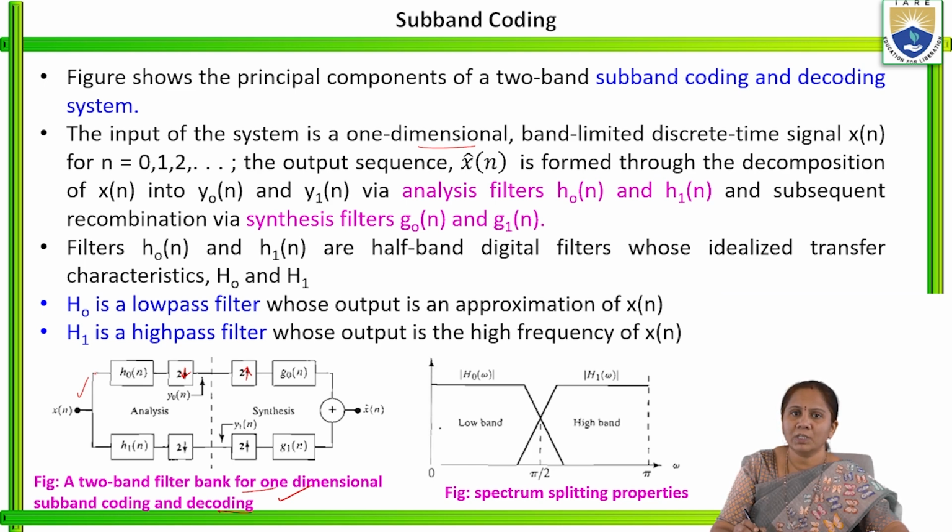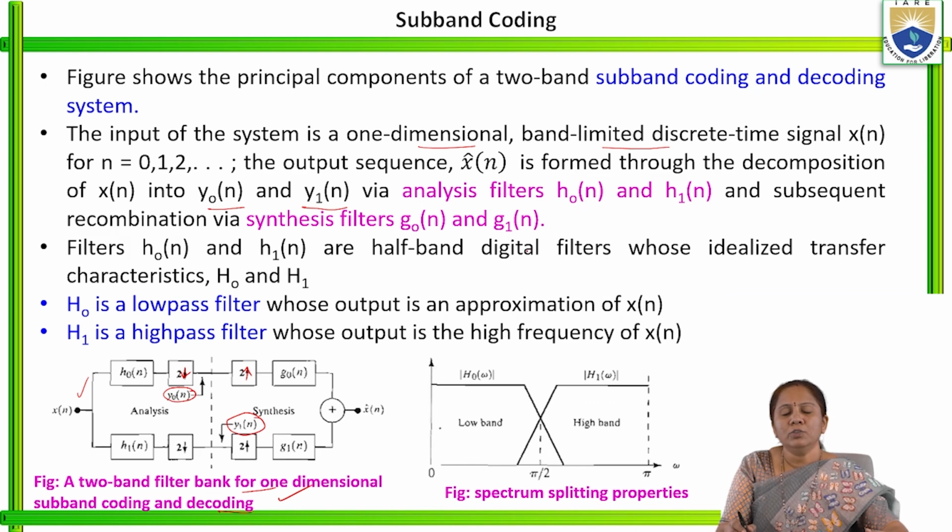The band limited discrete time signal x of n is divided into two subbands, y0 of n and y1 of n.